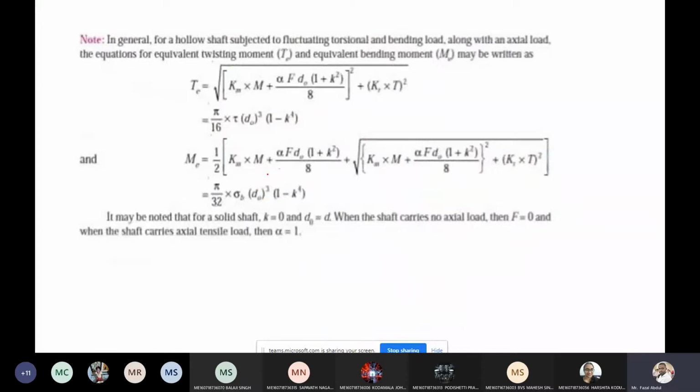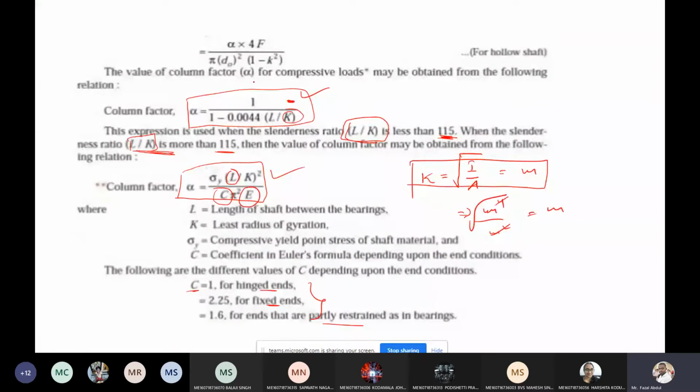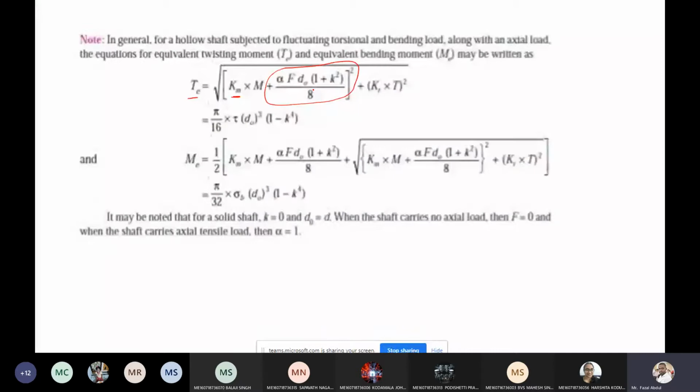Now, according to the shear stress theory, the equivalent torque equals the square root of: Km, the impact fatigue factor for bending moment, into the bending moment, plus the other term. This is the equation, with the column factor we just discussed, and Kt is the impact factor when the shaft is subject to torque, and this is a resultant torque.